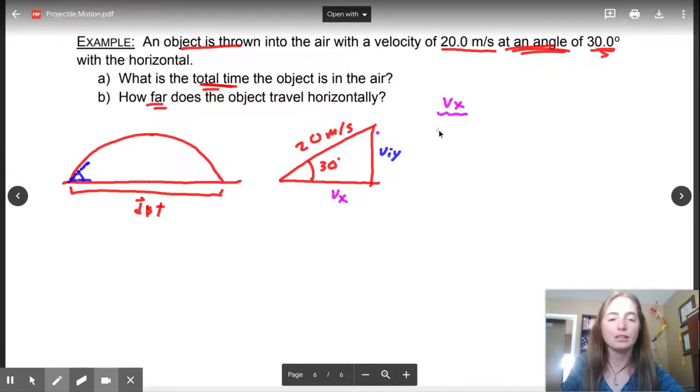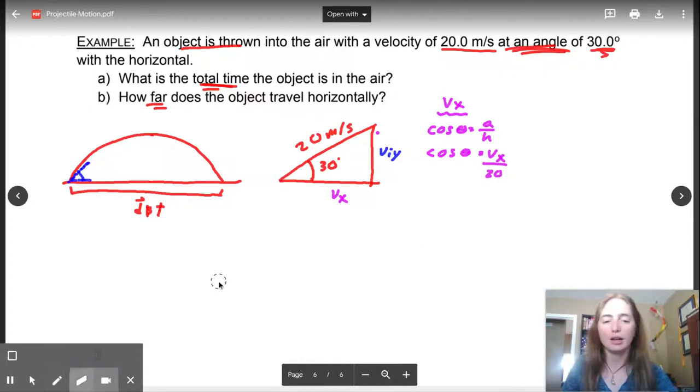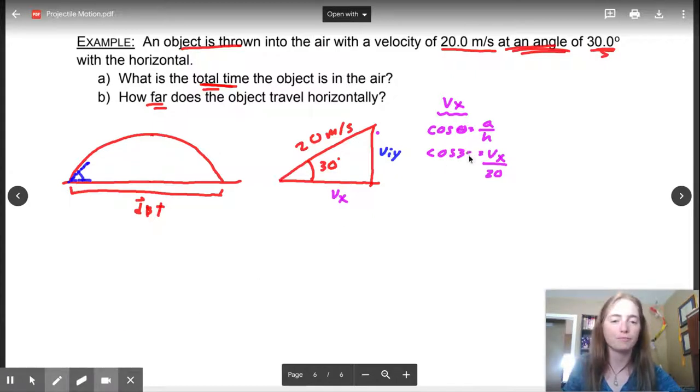So the Vx is our cosine theta is equal to adjacent over hypotenuse, and we are trying to solve for the adjacent. So our cosine of theta is going to equal Vx over your 20, and theta is 30.